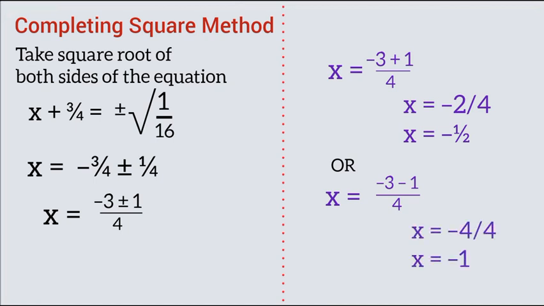Therefore, x would give us minus 4 divided by 4, which is equal to minus 1. Therefore, the two possible values of x are x equal to minus 1 over 2 or x equal to minus 1. And of course, these are the values of x. We've been able to obtain the roots of this quadratic equation using the completing the square method.